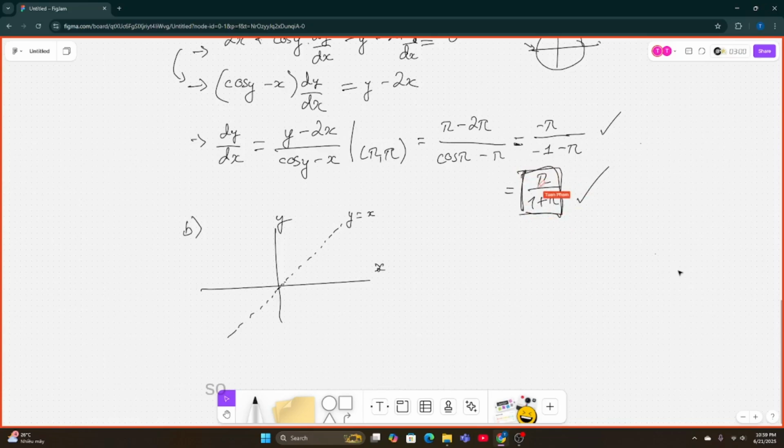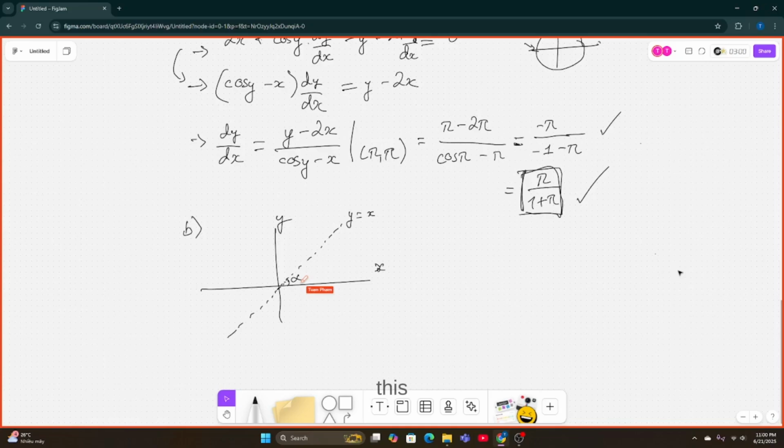There's one concept: let's say alpha is the angle between a certain line and the horizontal axis.